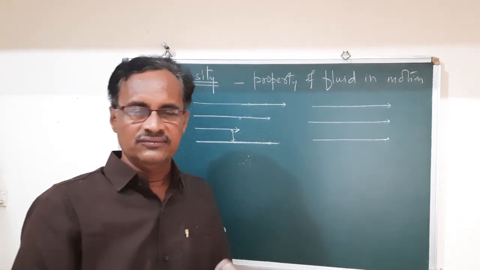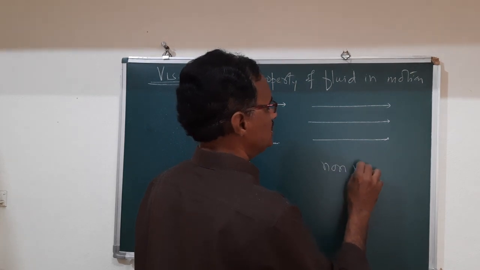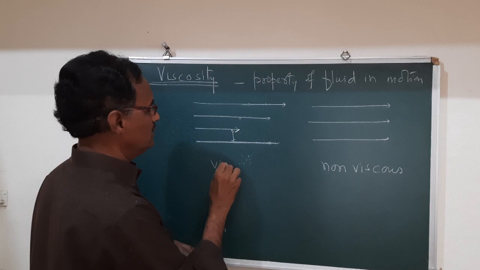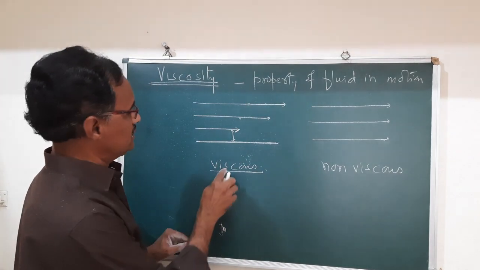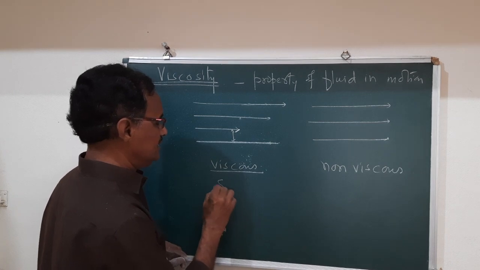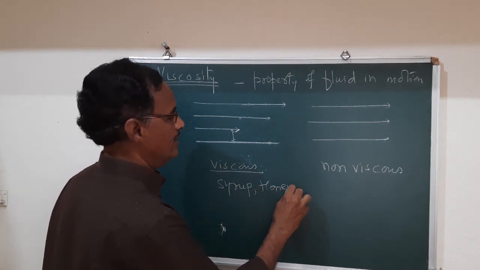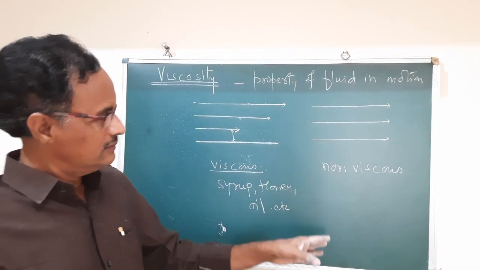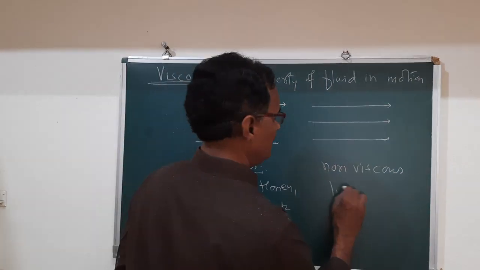Those types of fluids are called non-viscous, and the others are called viscous fluids. Examples of viscous fluids are syrup, honey, oil, etc. Examples of non-viscous fluids are very rare, such as liquid helium.